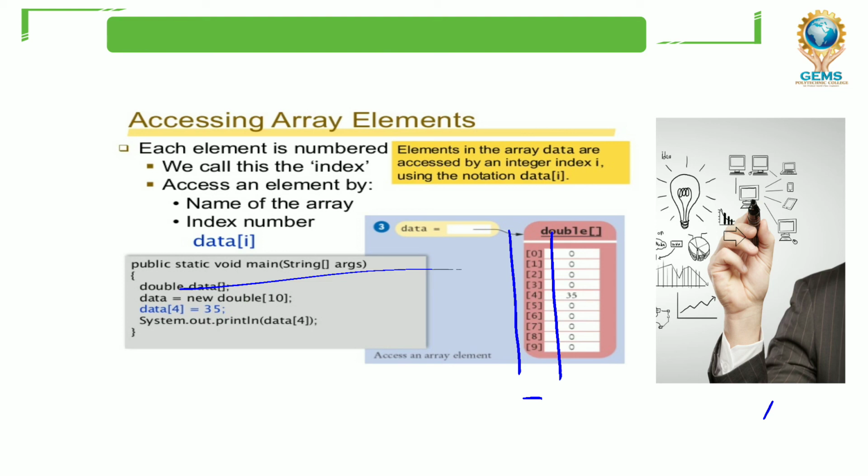If you want to access a particular element, for example 3.5 here, it is in the fourth location. Now we want to access that particular 3.5. How can we do that? The way you reach that element is called accessing array elements.